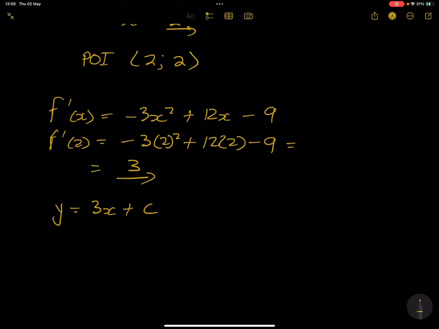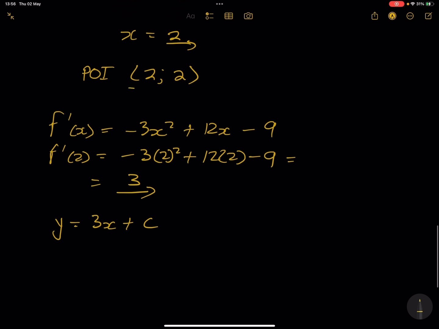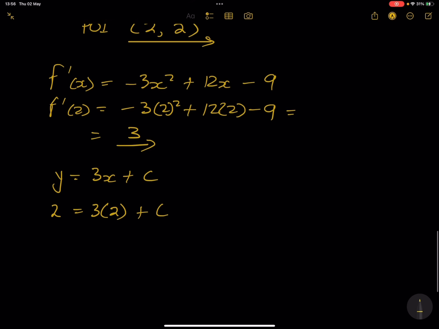Now to get our y-intercept, I'm going to substitute the point that it passes through. I know that when y is 2, x is also 2. And so that will give us 6. 3 times 2 is 6. If I take that to the other side, 2 minus 6 will give us negative 4. So c is equal to negative 4.